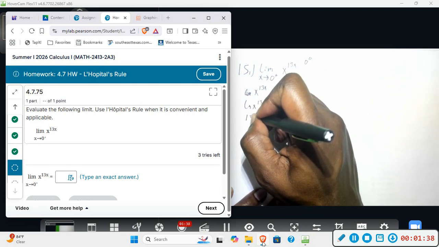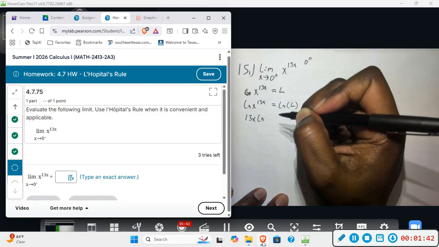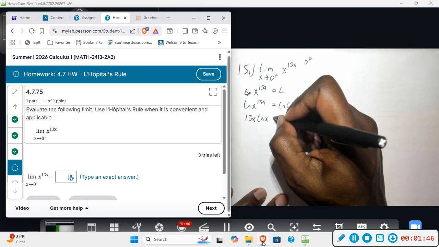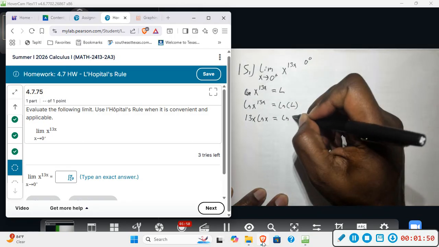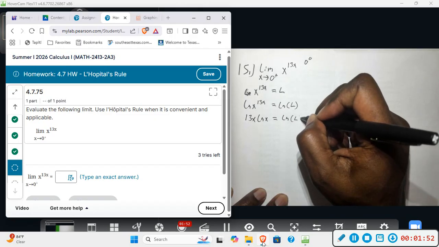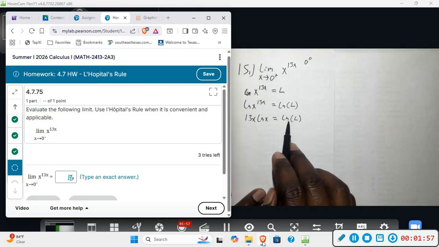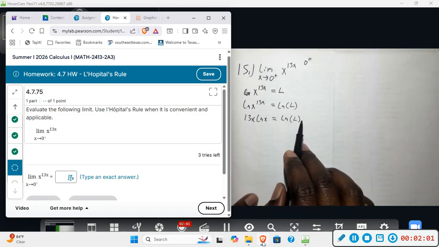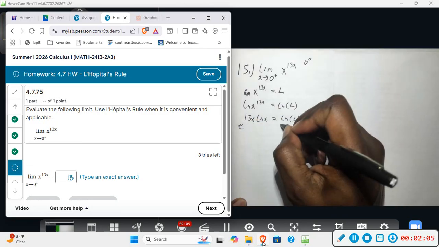So we'll have 13x ln of x is equal to ln of L. And then we want to just identify L by itself, so we can raise both sides to the power of e, base e.